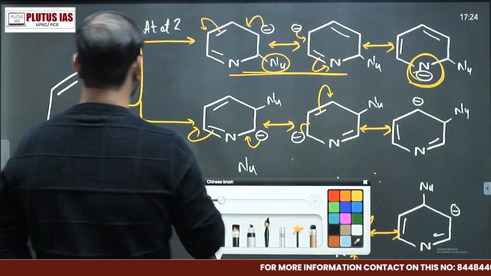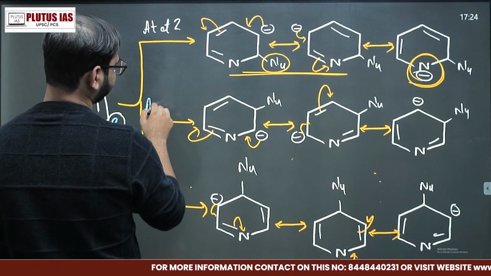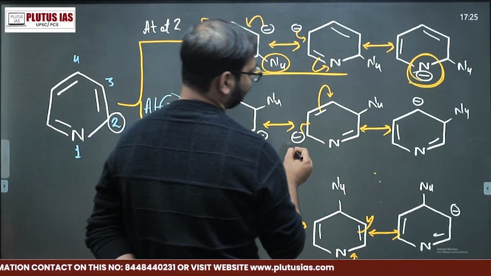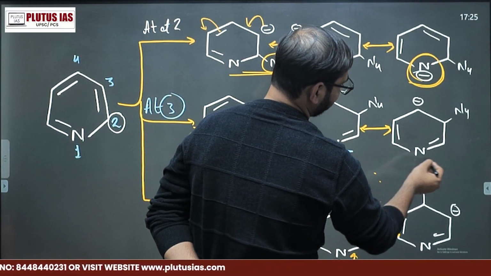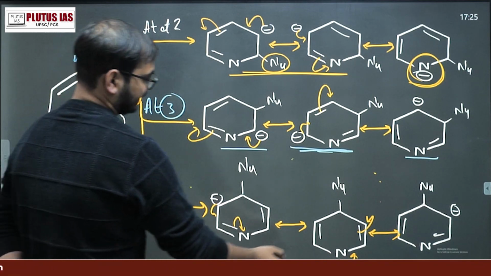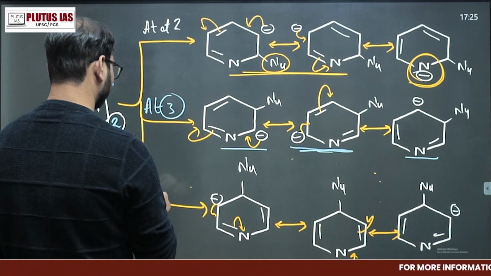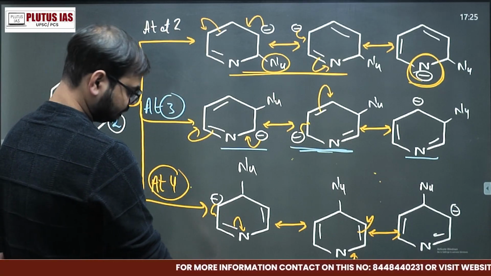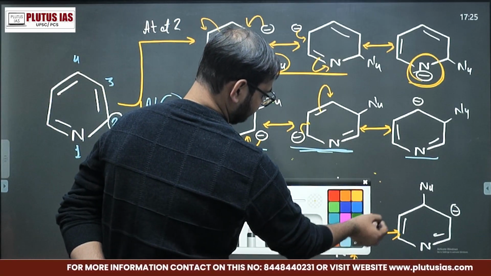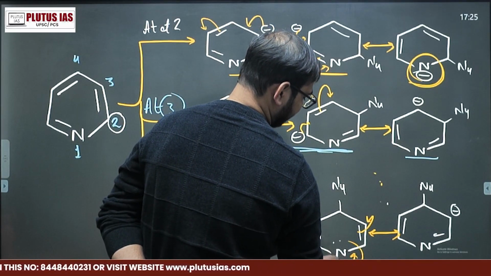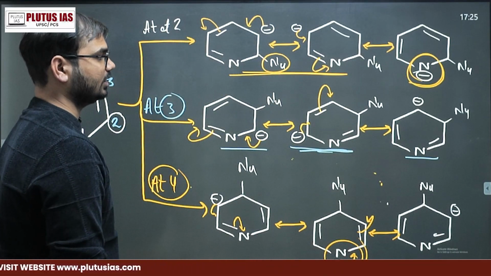When the attack shifts to position number 3, the negative charge entirely remains on carbon, and there is no negative charge on nitrogen. And similar to the case of position 2, when the attack takes place at position number 4, we have resonating forms with the negative charge localized on nitrogen.